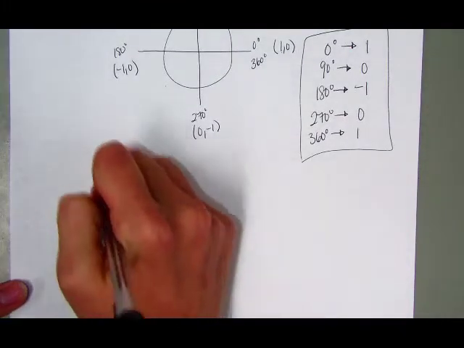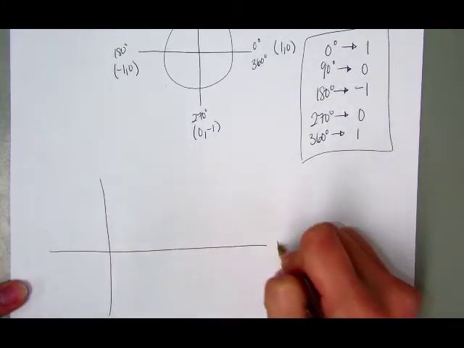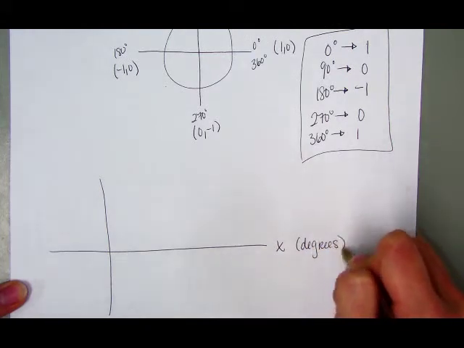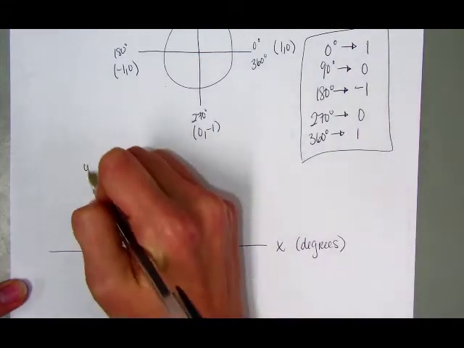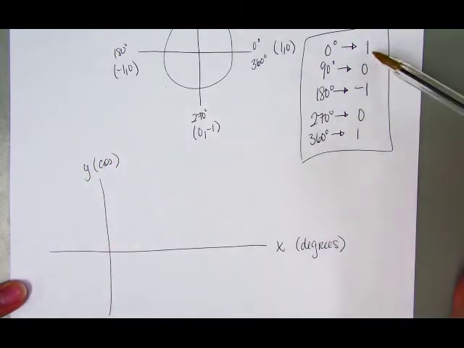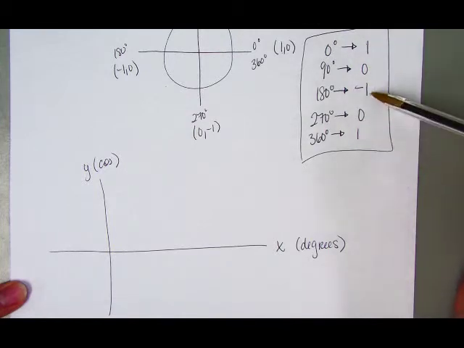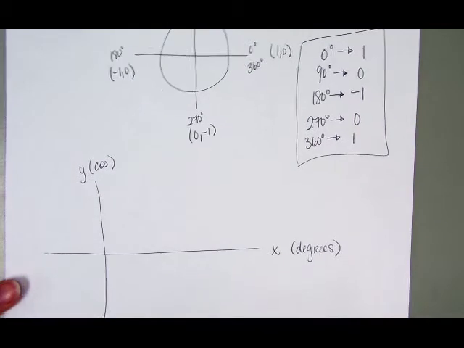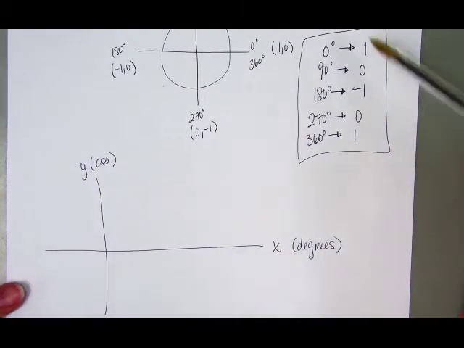So when I do that, I create an x-axis, that's my degrees. I create a y-axis, that's my cosine values. Since my greatest cosine value is 1 and my smallest cosine is -1, I know that my cosine graph is going to be between those values.